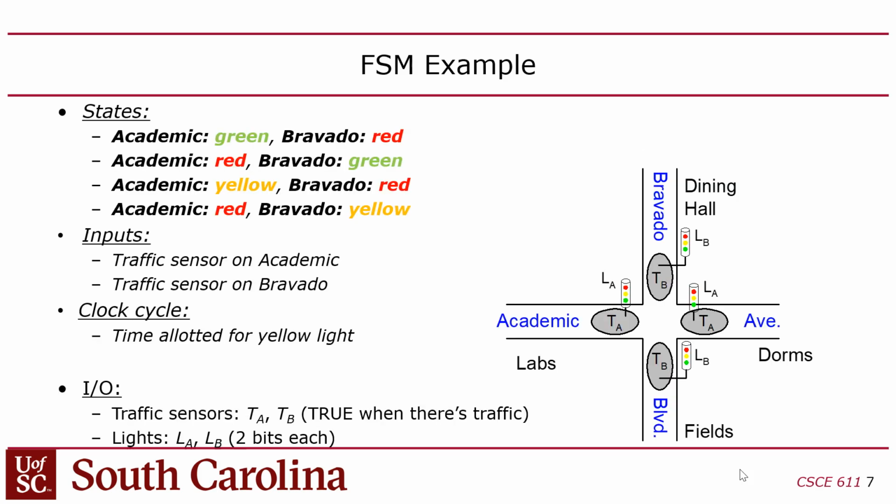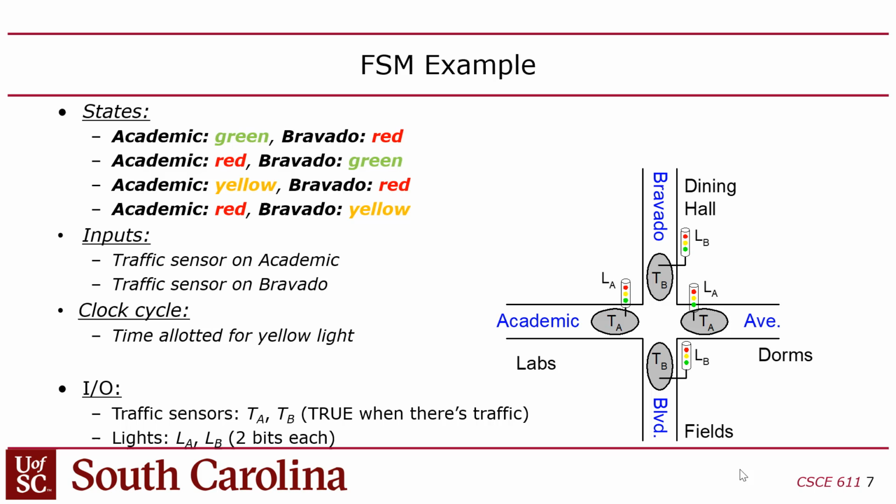the names of these streets are A and B, where A stands for Academic Avenue and B stands for Bravado Boulevard. And so the states represent essentially which street we want to have flowing and which street we want to stop, right? So there's essentially two states. We want to have a green light on Academic and a red light on Bravado or vice versa, right?